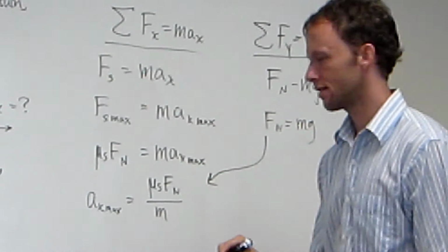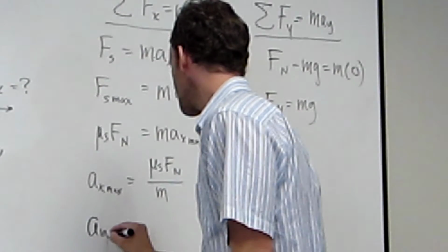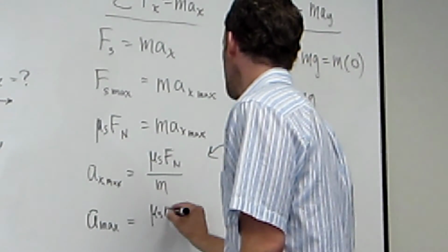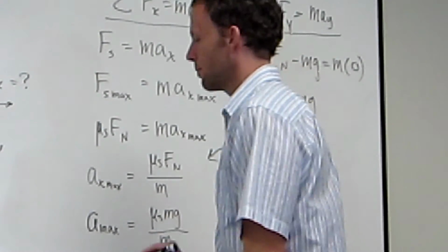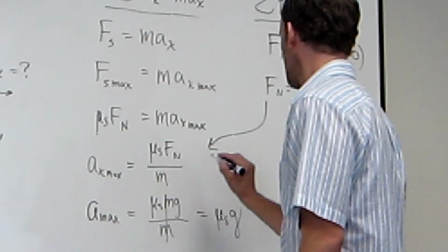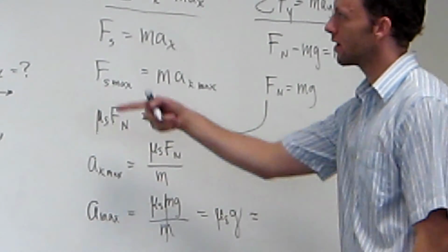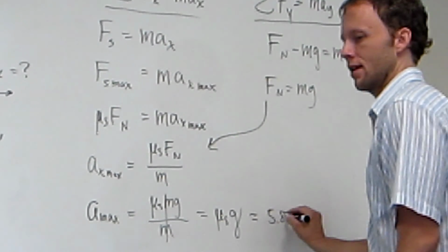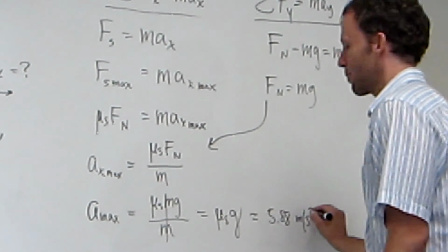And if we plug that into here, you see that A max is equal to mu sub s mg divided by m, and that just works out to mu sub s times g. If we fill in the numbers, 0.6 for mu sub s, that'd be approximately 5.88 meters per second squared.